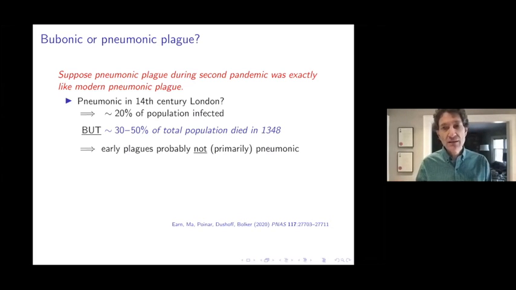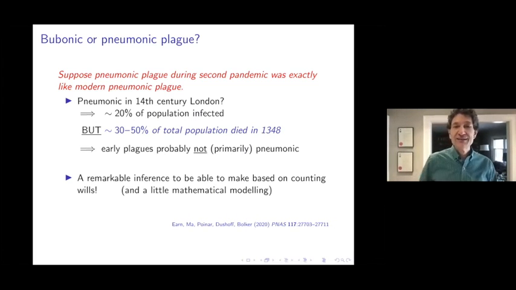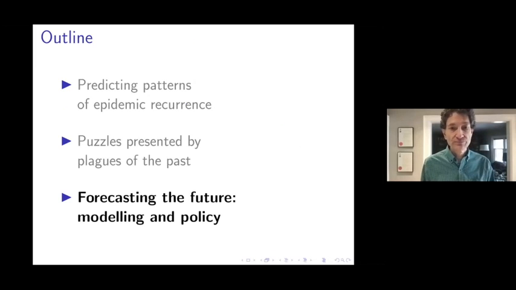I think it's interesting, but remember that we're managing to make this inference about what the mode of transmission of an epidemic was in the 14th century, and we're doing that by counting the number of wills written by individuals who had some property to leave. I think that is quite a feat and is interesting and certainly leads to more questions that I hope we'll do better at answering in the coming years.